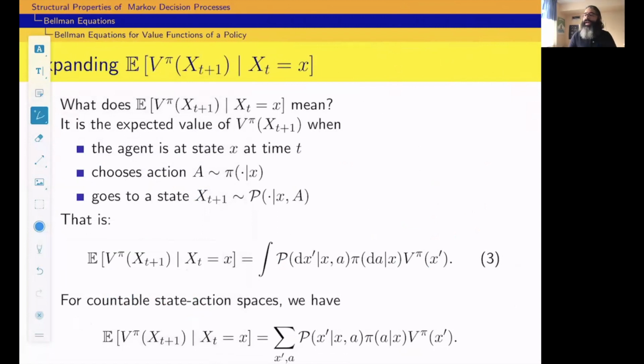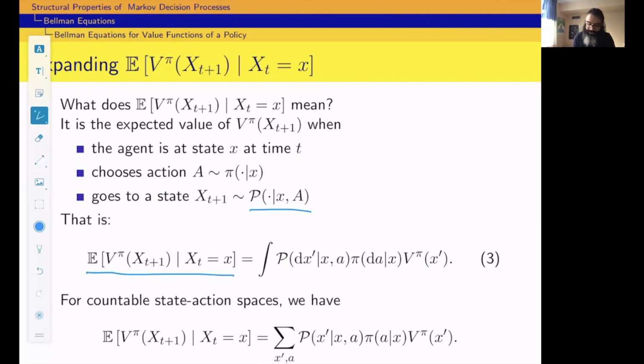It's the expected value of V^pi at X_{t+1} when the agent is at state x at time t, chooses action A according to policy pi, and goes to state X_{t+1} according to the transition distribution. So you have x, choose action according to policy, go to the next state according to the dynamics of the MDP.